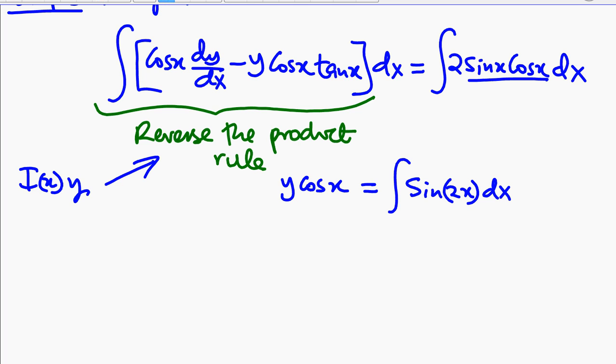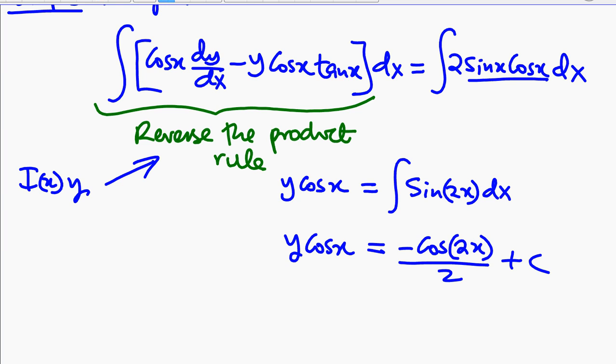So what we end up with is y cos x will be equal to, I have to be careful not to make mistakes now, negative cos 2x over 2 plus c. All right, the integral of sin x is negative cos x, and then you divide by 2.